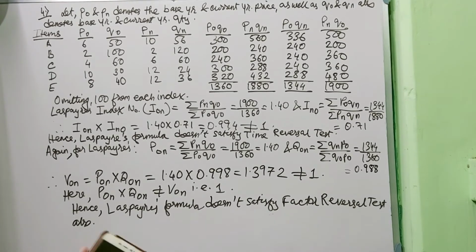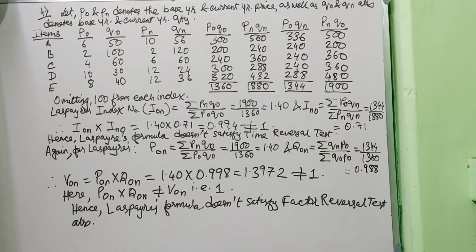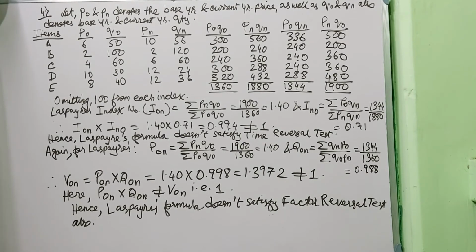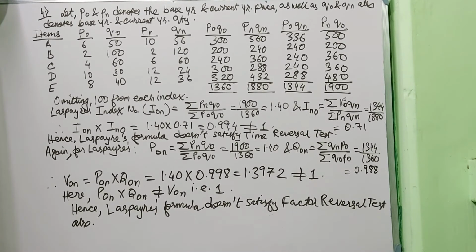Obviously it is not equal to 1, so it is not satisfying the test, and hence P0n into Q0n is not equal to V0n, which is the value, not equal to 1. So Laspeyres' formula also does not satisfy factor reversal test.